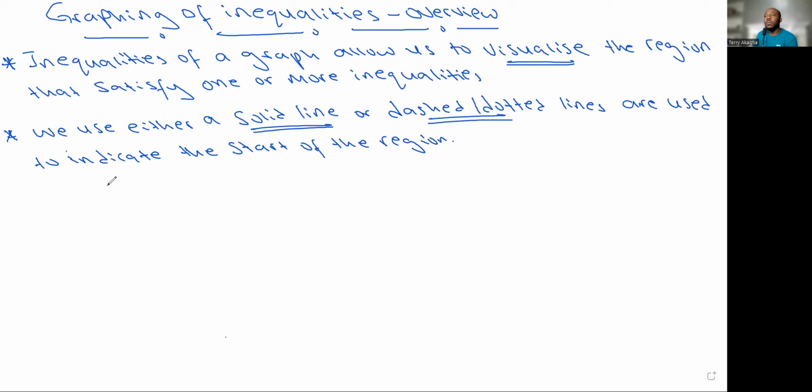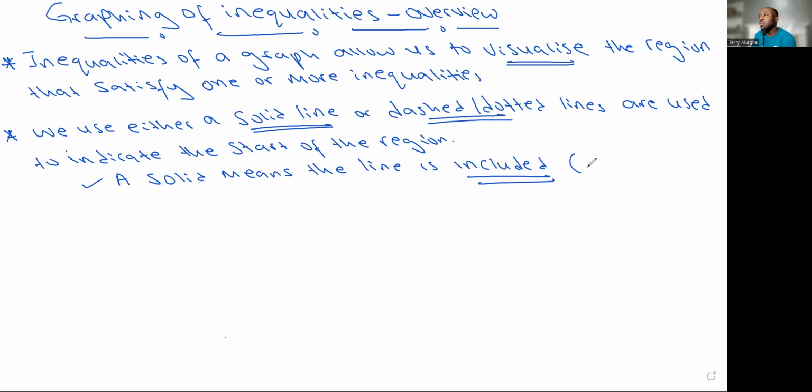A solid line means the line is included. When you use a solid line, it means the points on that line are included. For instance, we use this when we're talking about less than or equal to or greater than or equal to.